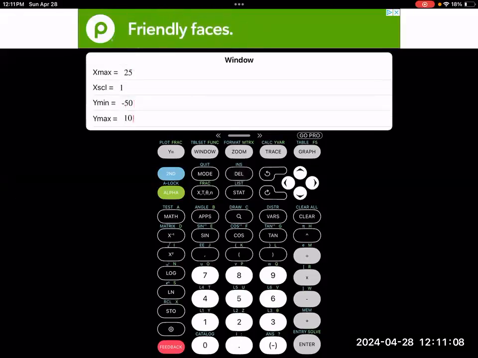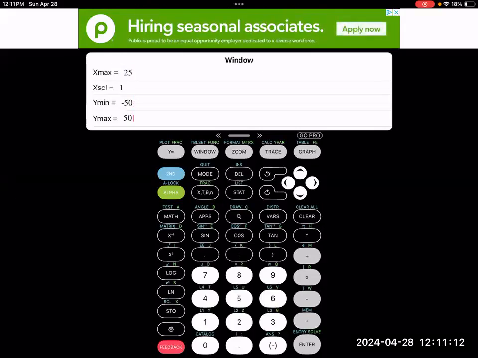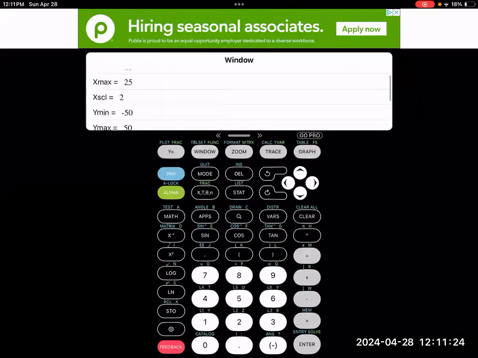Let's say 50 and 50, as long as they didn't tell us another window to do. Let's change your x scales to 2s, maybe 5s. Let's take a look. Still not great. So let's try that again.